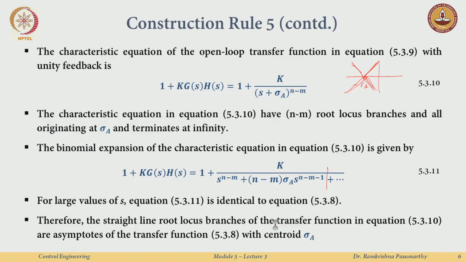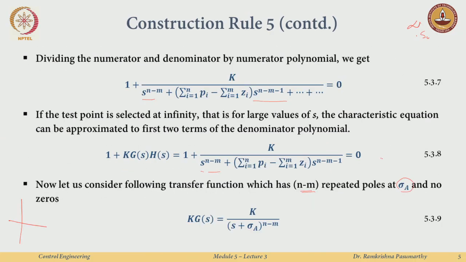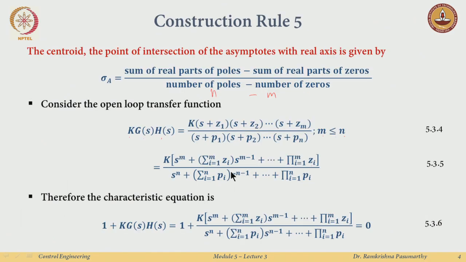Okay. So, what is the relation between this here, right. So, we started with this one, right. We wanted to find out what is the centroid point of the asymptotes, where do the asymptotes intersect, if at all, right. So, compare this guy, right, again. So, what did I assume here is I assumed here that, of course, I started with m zeros, n poles.